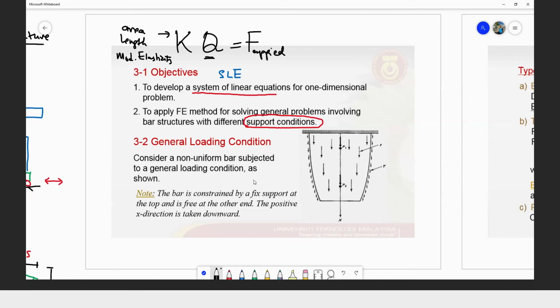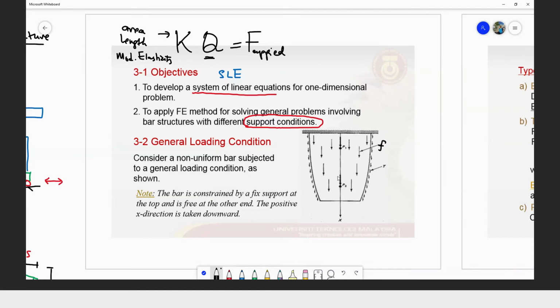For a 1D bar problem, at least 3 types of general loading condition may exist and will be considered in our course. The first one is called the body force, given by f, which is the force that applies everywhere to our structure.